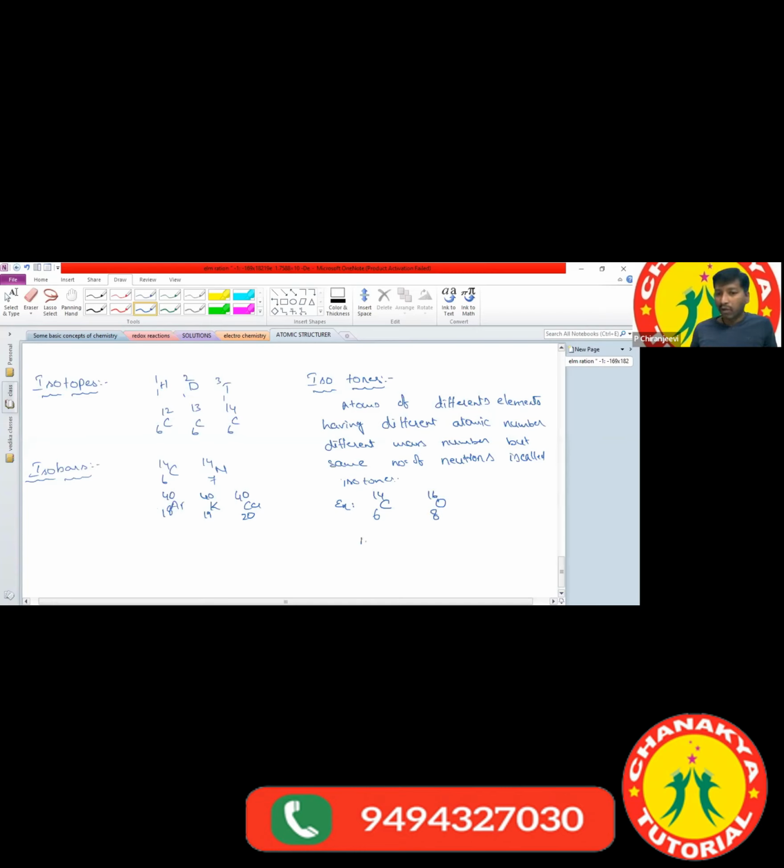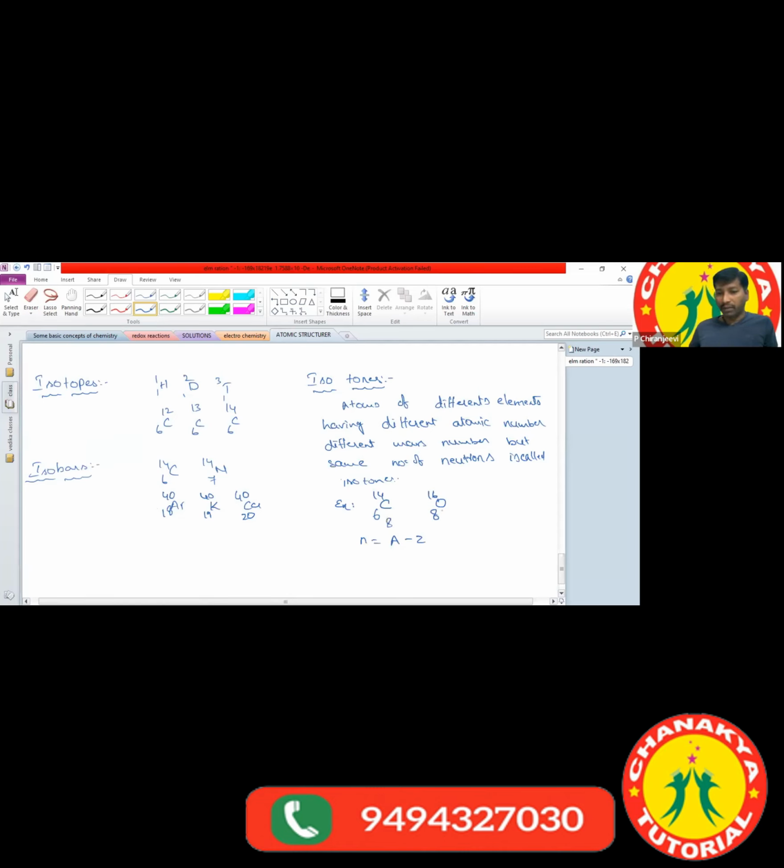Number of neutrons is equal to A minus Z, where A is the atomic mass and Z is the atomic number. Now the number of neutrons present in the C14 isotope: how many neutrons are there? 8. Very good. It has 8 neutrons.